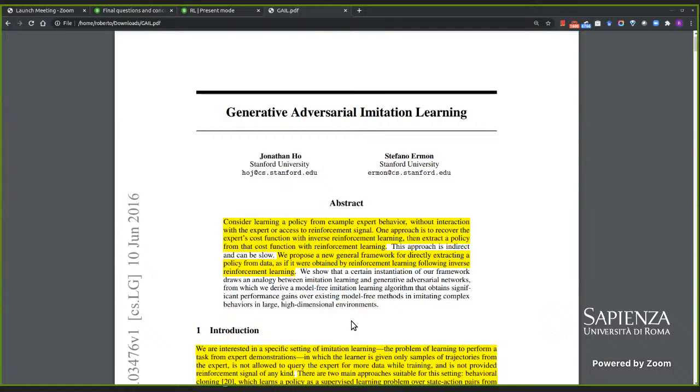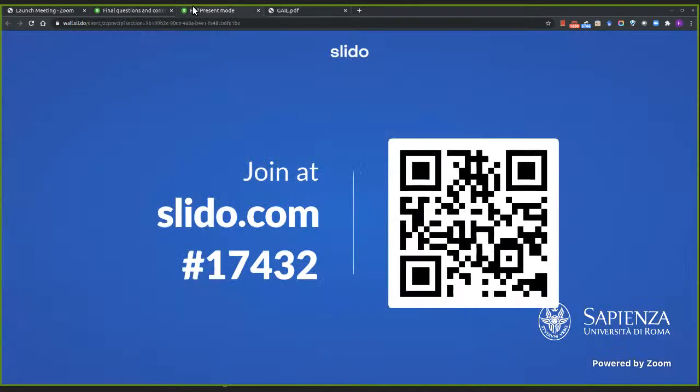I think you have seen this already in the machine learning course, generative adversarial networks. We're now going into more detail by looking at the paper. I will not spend more words on this, but they are able in this way to achieve better results than standard inverse reinforcement learning algorithms that you can find in literature.